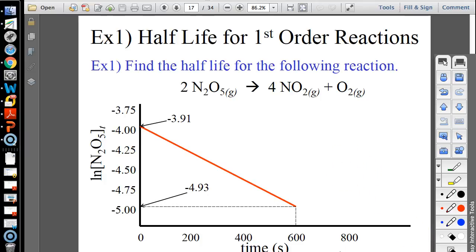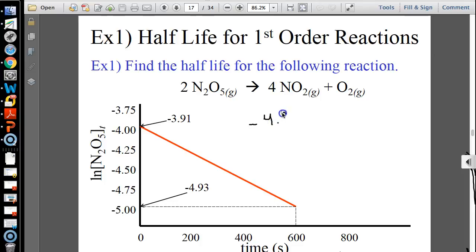So the natural log of A at some time, and we're going 600 seconds, is negative 4.93. Then subtract out the natural log of A at the beginning, so that's minus 3.91.